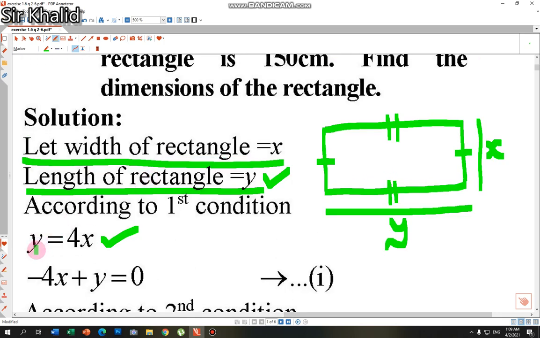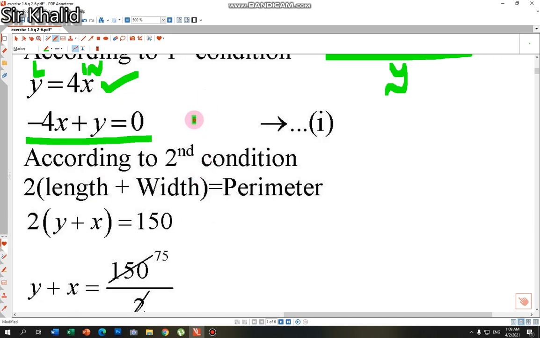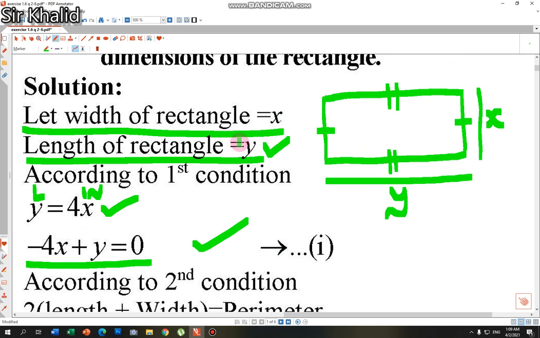It means that length is equal to 4 times its width, because I supposed length as y and width as x. Moving this 4x to the left-hand side, it will give you minus 4x plus y is equal to 0, and I formed the very first linear equation.